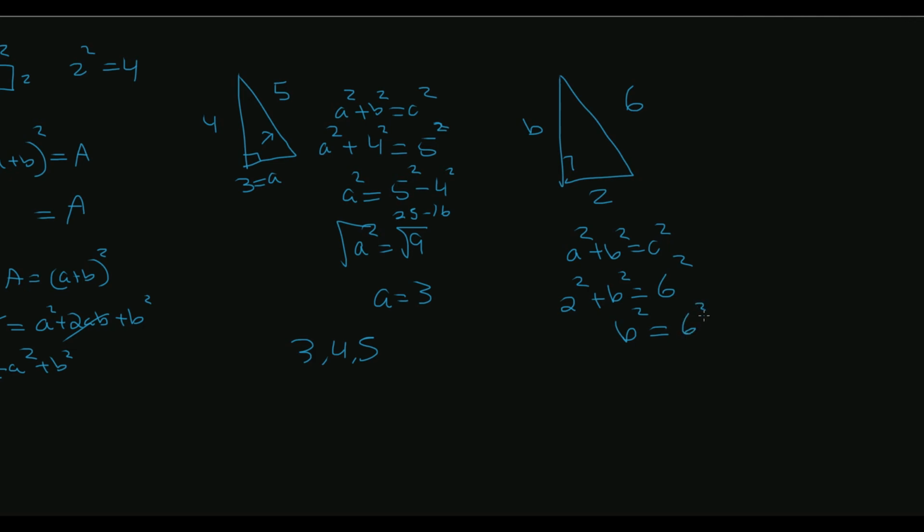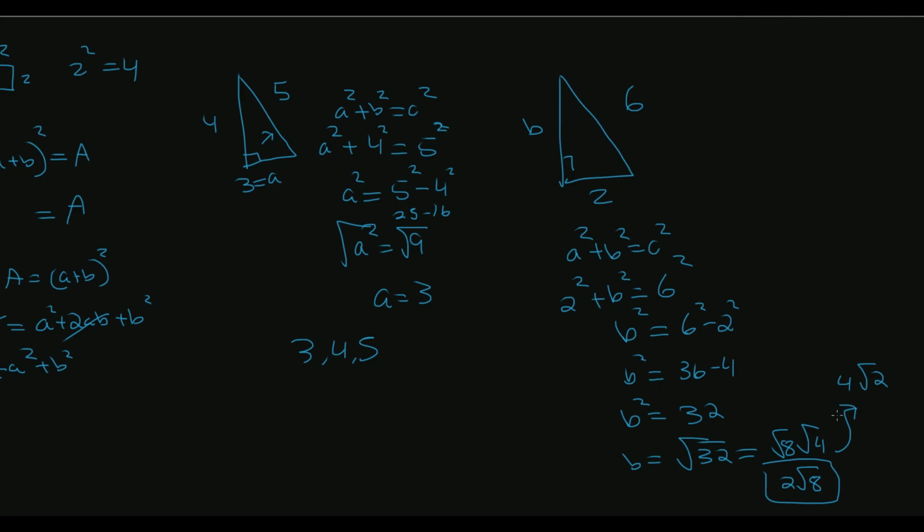So b squared is equal to 6 squared minus 2 squared. 6 squared is 36, 2 squared is 4. So b squared is equal to 36 minus 4, which is 32. So b is equal to the square root of 32. I can simplify this into the square root of 8 times the square root of 4. So that gets me 2 root 8. So that is b. And I can actually simplify this even more. This is 4 root 2.